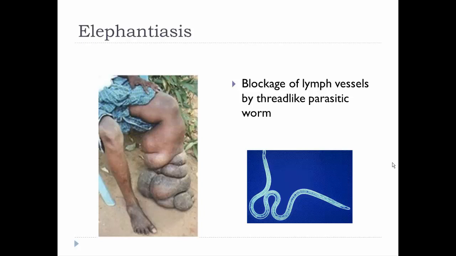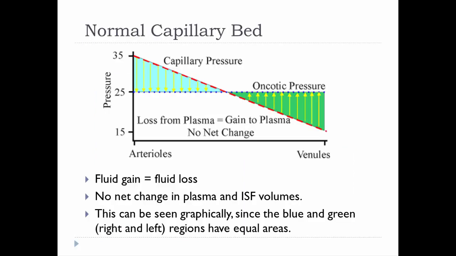So therefore they usually put drainages into that area to help drain the excess fluid until the vessels are healed.